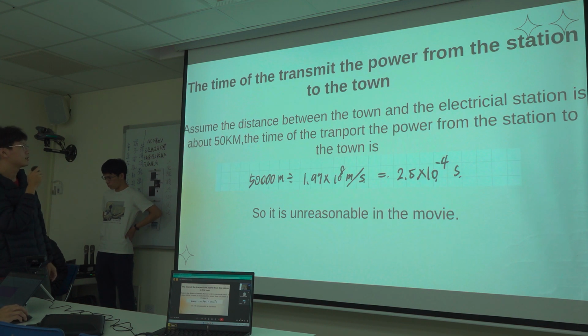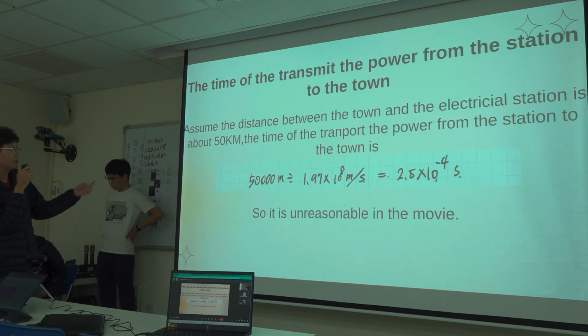And next, we can assume that the distance between the town and the electrical station is about 50 km, and the time to transport the power from the station to the town is very small. Okay, very good.